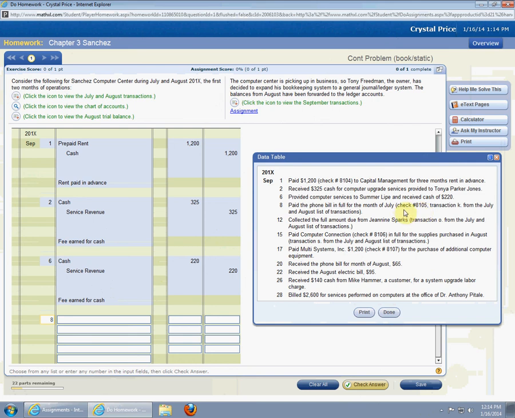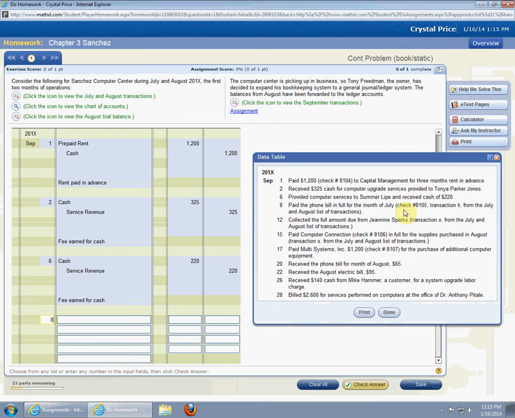So what accounts are involved? Cash, phone expense? No. Remember, we received the bill back in last month. And at the time we received the bill, we debited phone expense and we credited accounts payable. Now we're paying what we owe. So it would be accounts payable and cash.